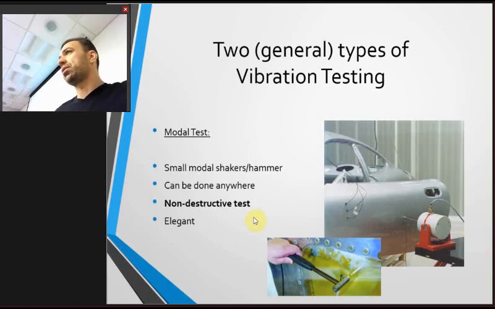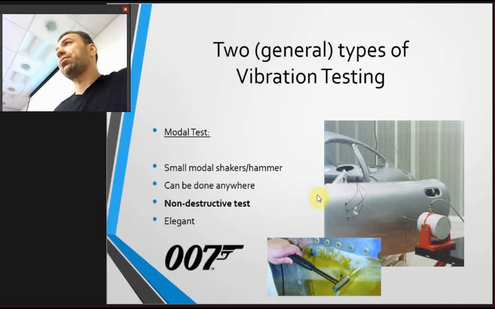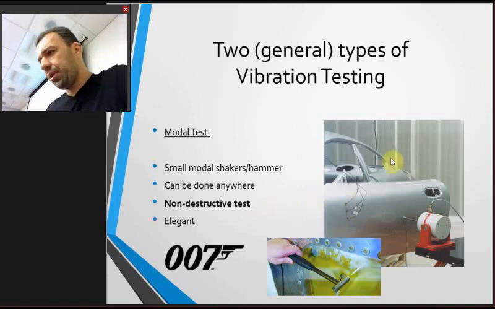This is powerful. This is a non-destructive test. So I can fully characterize my structure, my plane, and leave it to continue its purpose. Extremely elegant. It's like 007 as opposed to Godzilla.